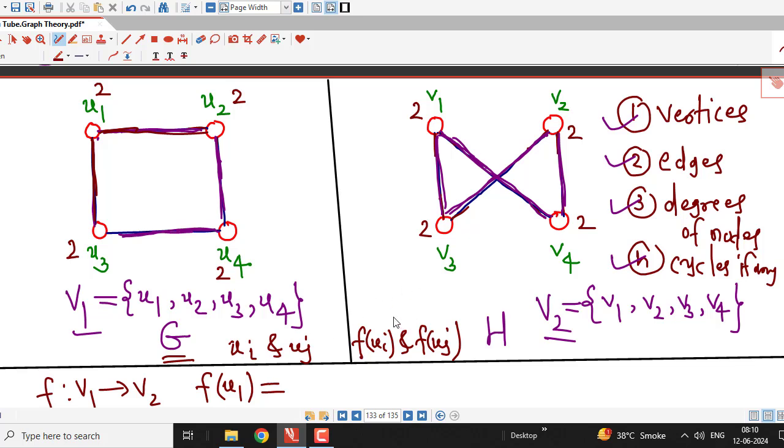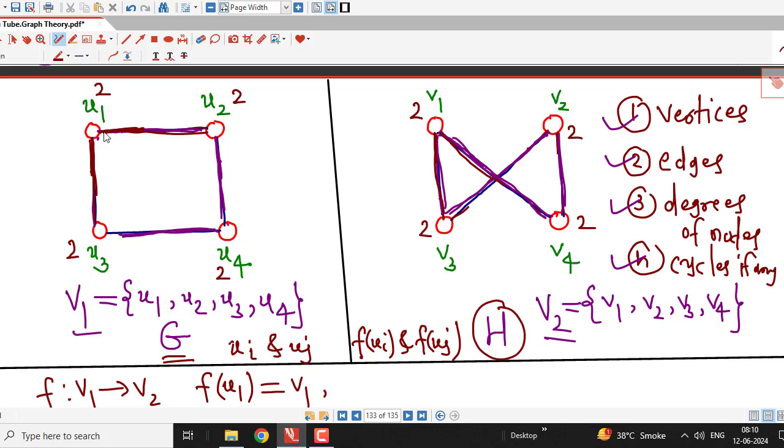So I can assign the image of u1 as that vertex of H which is also adjacent with 2 vertices and has degree 2, but here all the vertices have degree 2. So suppose I think of v1, then I can see v1 is also adjacent with 2 vertices and the degree of v1 is 2. So I can say that the image of u1 is v1.